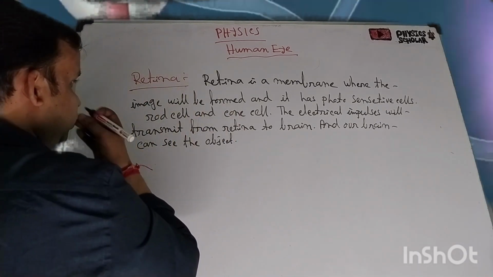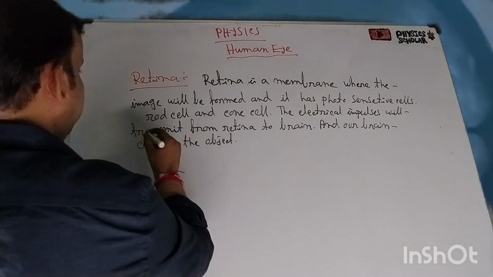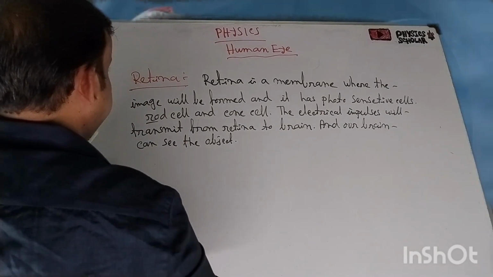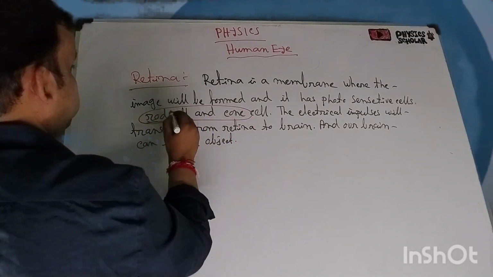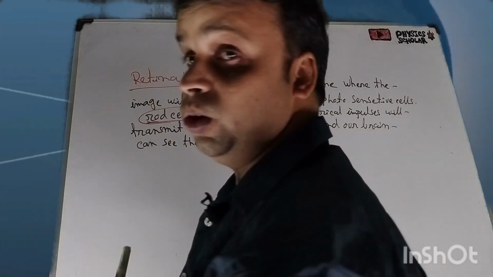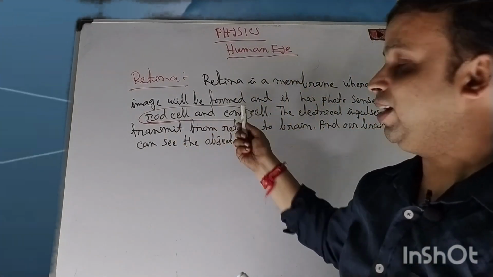Clear? Our brain can see the object. So now you see, the retina is a membrane. Here two types of cells are there: photosensitive cells, rod cells and cone cells.